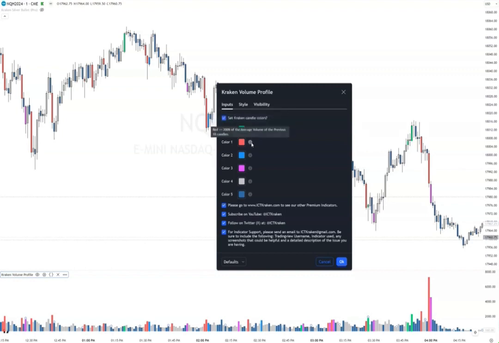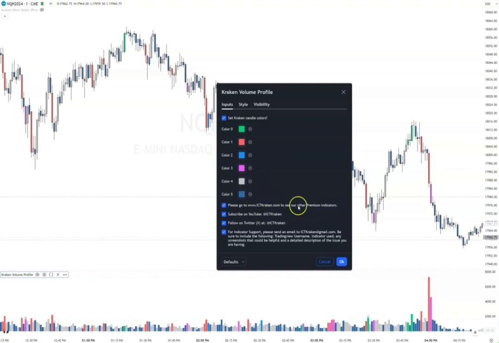Okay, red is the same thing for the bearish side. Then you have blue is greater than 150% of the average volume of the previous 10 candles. Purple is the bearish side. And then you have your regular bullish candles, regular bearish candles.